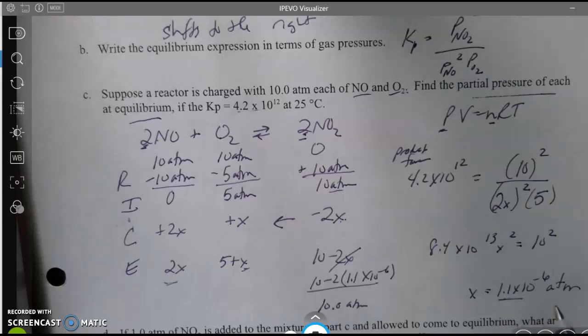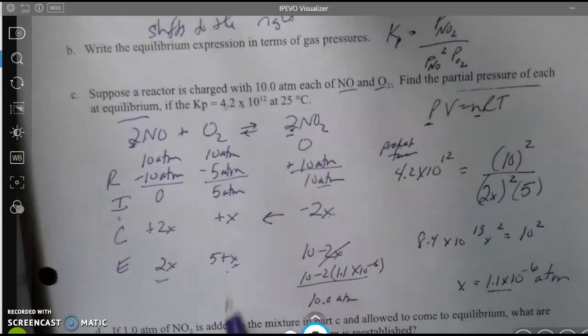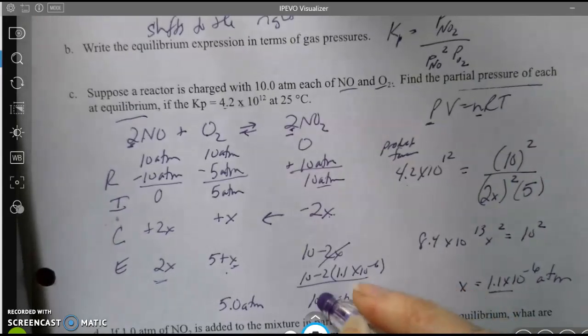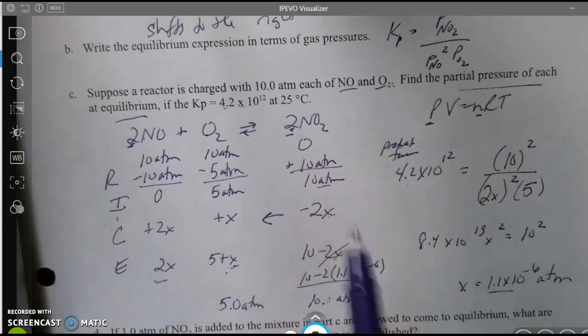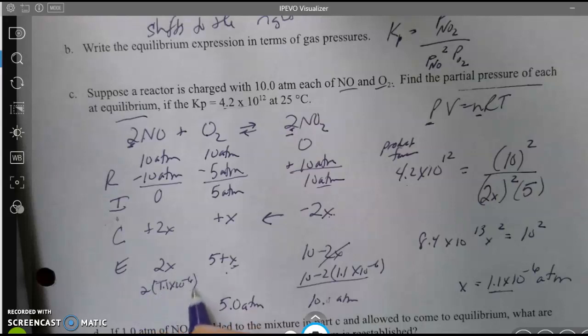Again, adding 1.1 to this is very insignificant. So this is going to be just 5 atm. And there's only 2 sig figs here, so I probably should really only have 10 on this one. And then 2 times my 1.1 is going to give me 2.2 times 10 to the minus 6 atm for nitrogen monoxide.